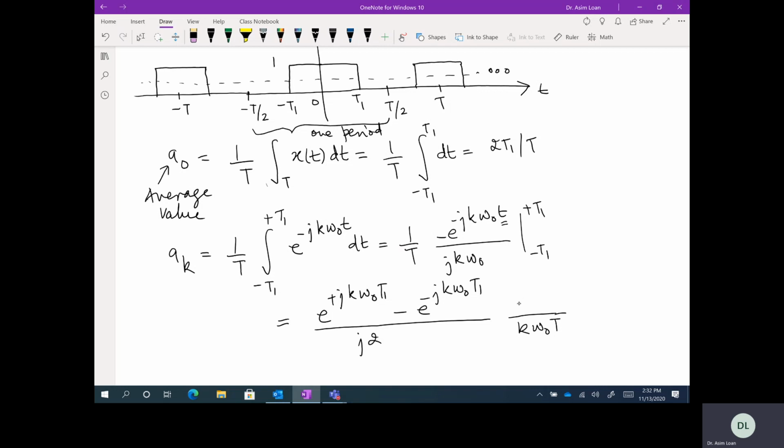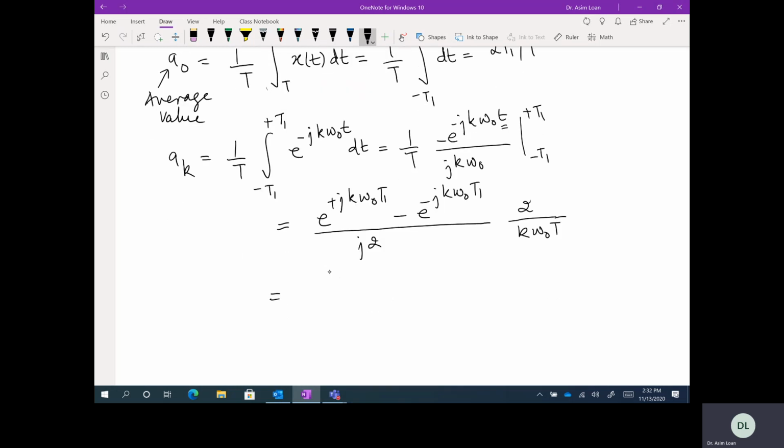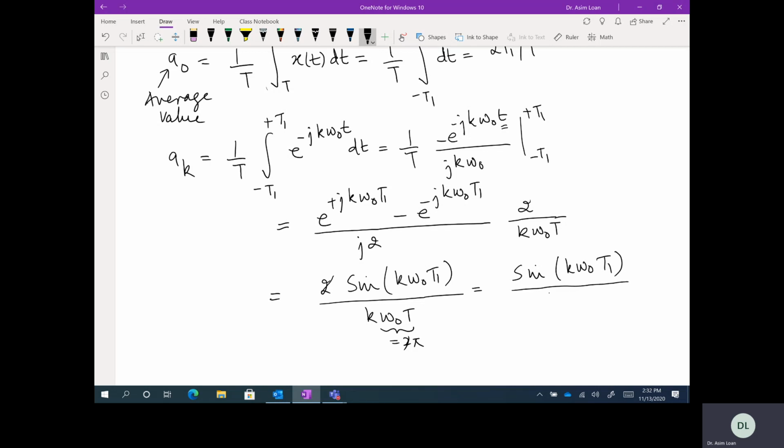If I do that, this thing here is simply sine, so this is 2 sine k omega naught t1 divided by k omega naught T. Now omega naught T is 2 pi, so this 2 cancels with this 2, and I'm left with sine k omega naught t1 over k pi. You should memorize this result. This is ak for k not equal to 0.